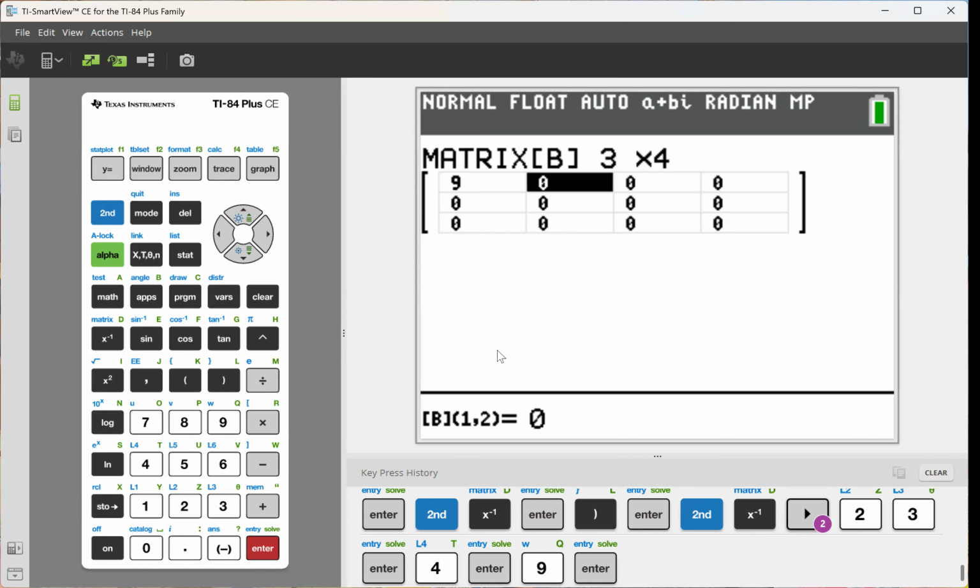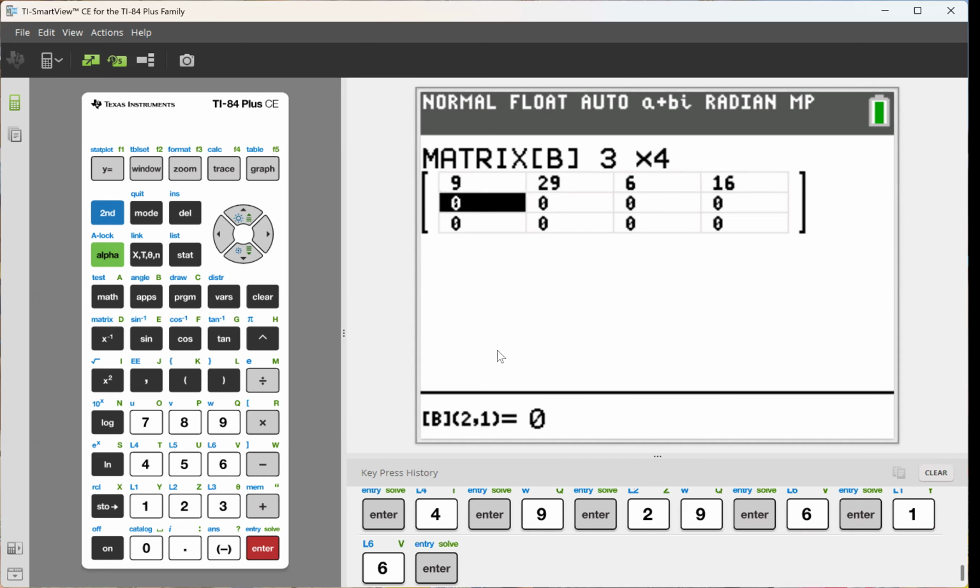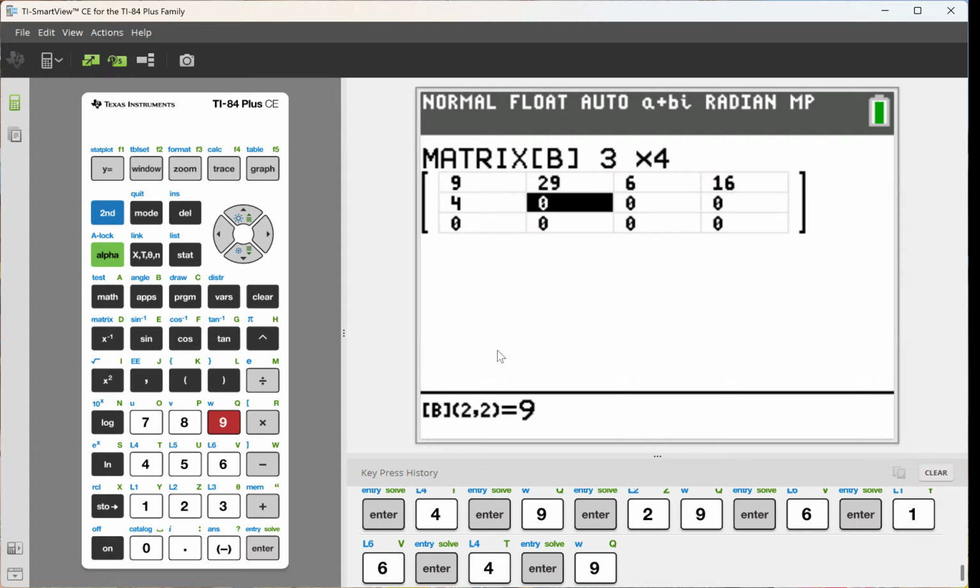So 9, 29, 6, 16. And then the second row, 4, 13, 5, and then -6.